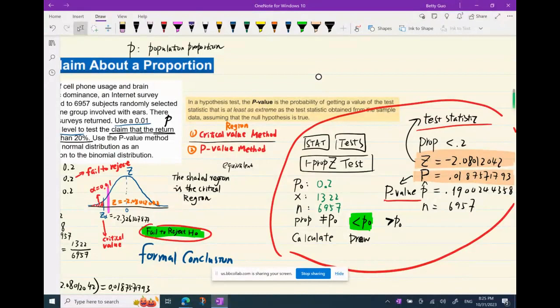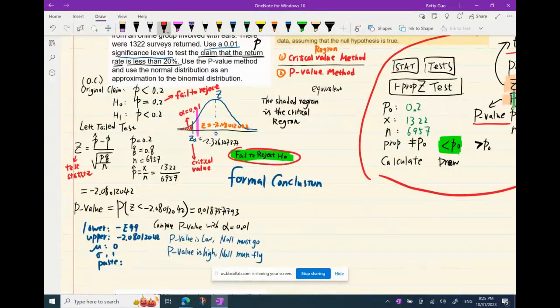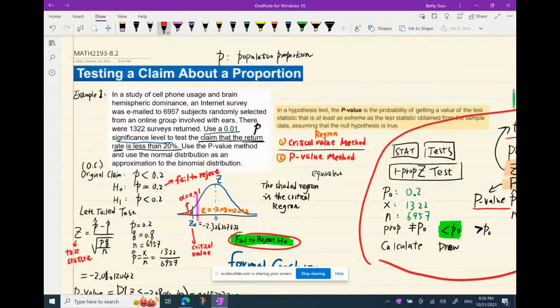So the p-value is the probability of getting a test statistic at least as extreme as the one you have right now, based on the assumption that the null is true. So the p-value is a conditional probability. I hope that every time you compute a p-value, you feel the meaning of the p-value again. Okay, so that's the first example, a left-tailed test.